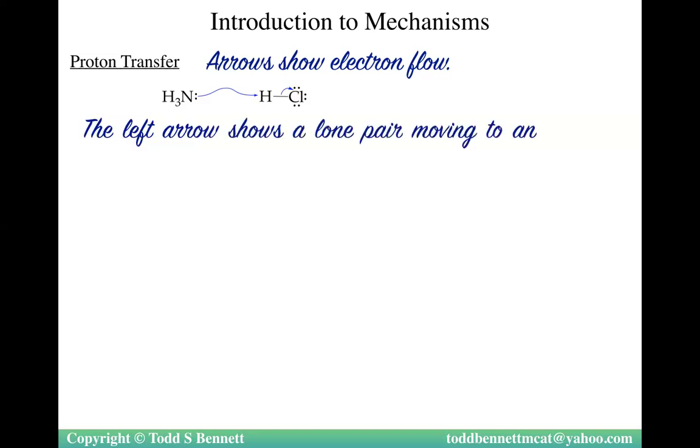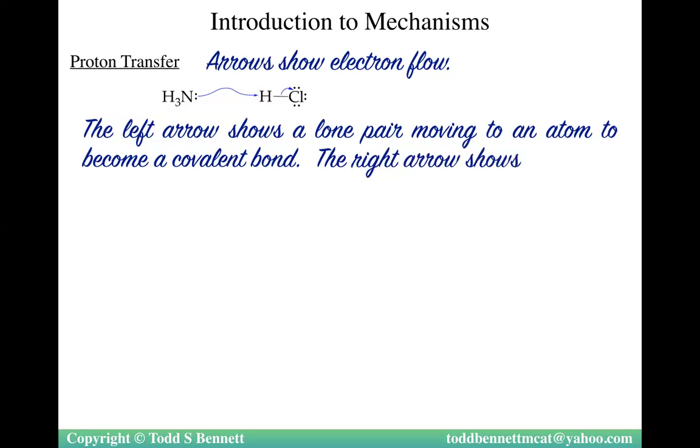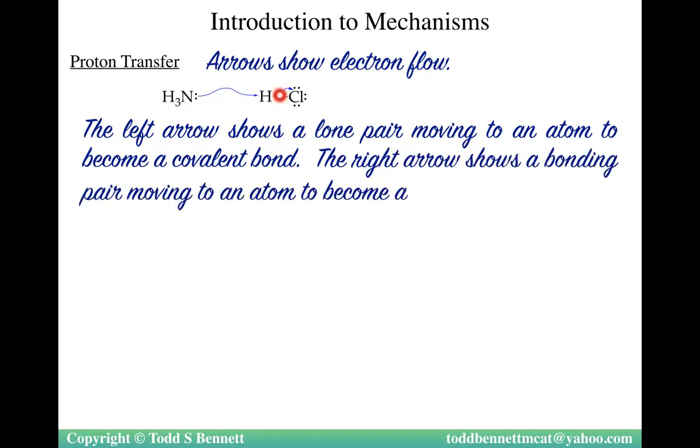So very similar to resonance. So the left arrow shows a lone pair moving to an atom to become a covalent bond. The right arrow shows a bond moving away, electrons moving away to become a lone pair on that chlorine. So in the end, you will end up with NH3 bonded to an H with a plus charge and a Cl minus.